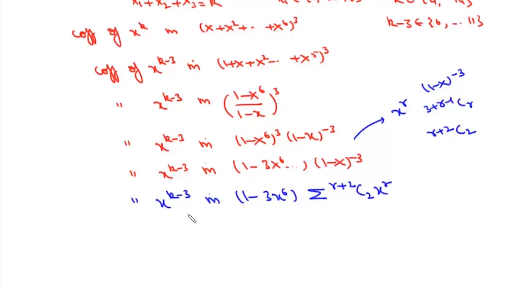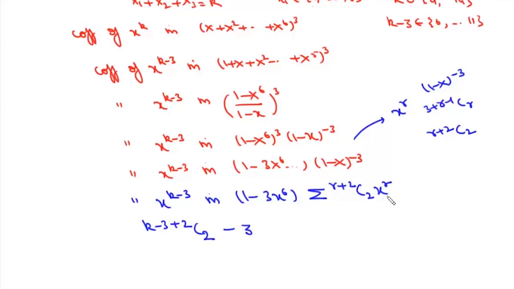Now we get the coefficient of x to the power k minus 3 if we take r as k minus 3. So it will be k minus 3 plus 2 C2, and then minus 3 into x to the power 6 into x to the power r, so it will be the coefficient of x to the power k minus 9.